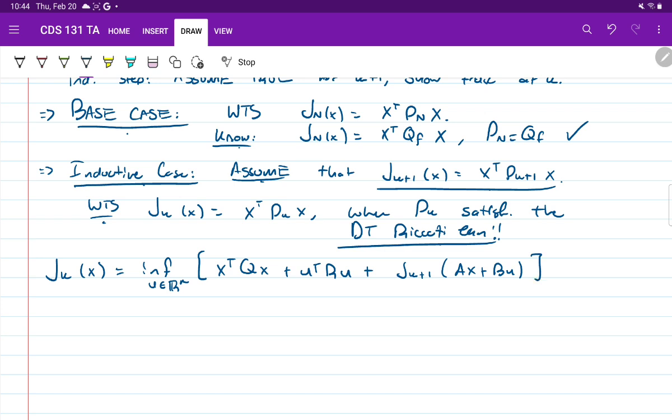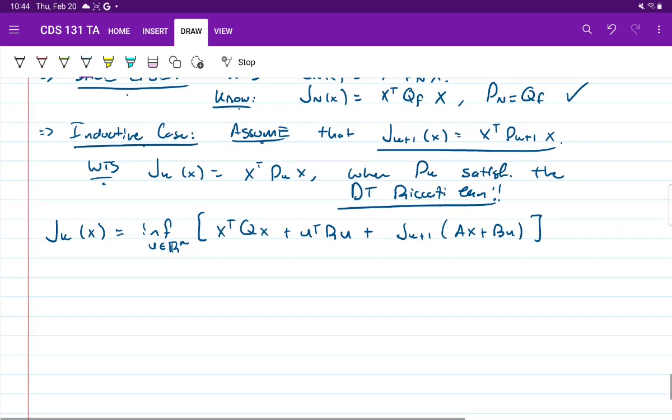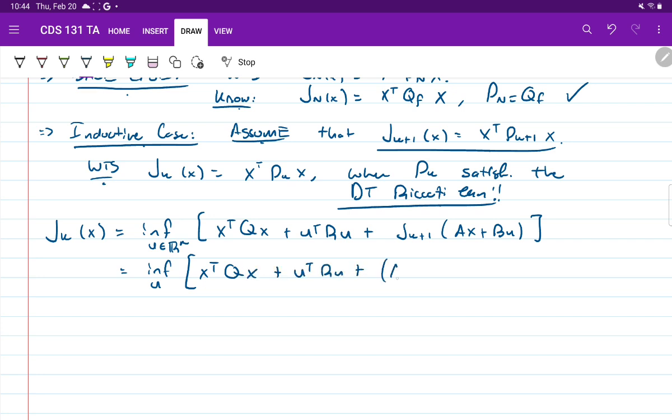Now, what I assumed for the sake of induction was that my cost at the next time step was x transpose P_{k+1} x. So if I apply my inductive hypothesis, I get the infimum of x transpose Qx plus u transpose Ru plus (Ax plus Bu) transpose times P at time step k plus 1 times (Ax plus Bu).